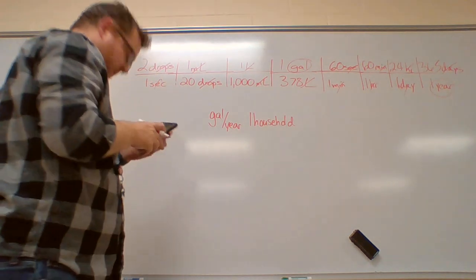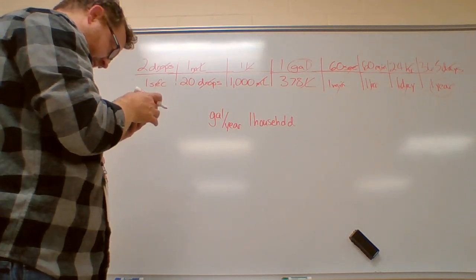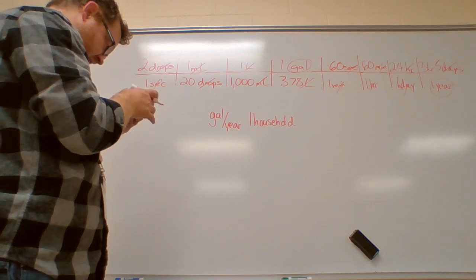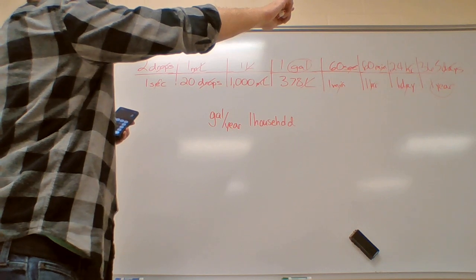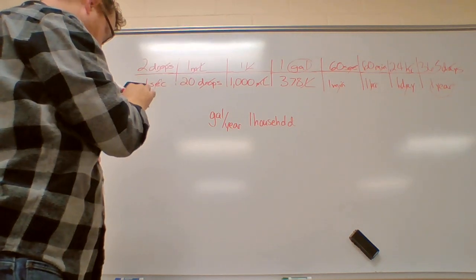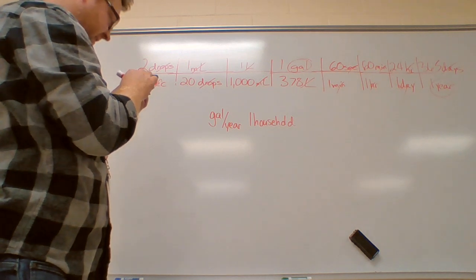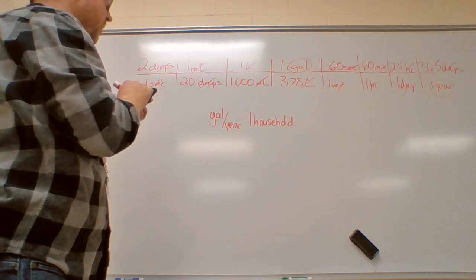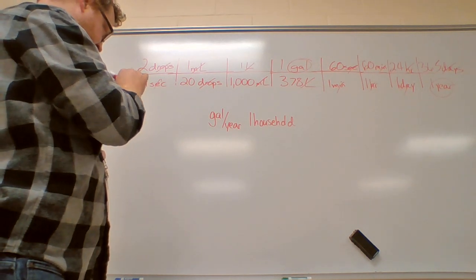Okay. Now to figure this out, we have to do the top line first, multiply that and divide by the bottom line. So it's 2 times 1 times 1 times 1 times 60 times 60 times 24 times 365.